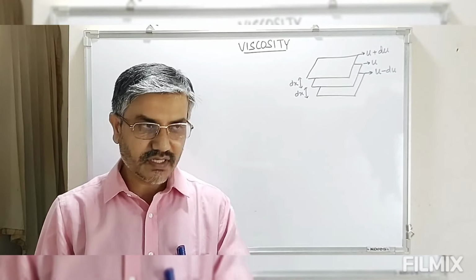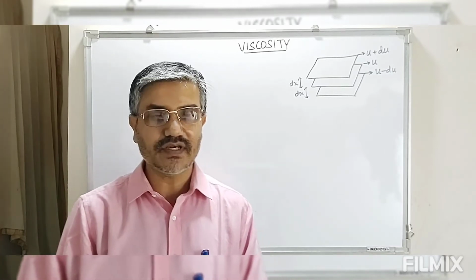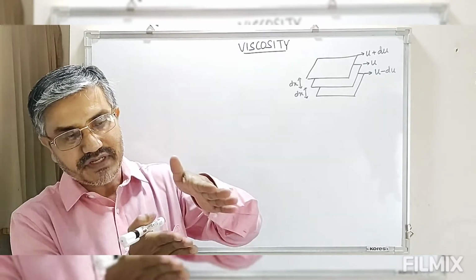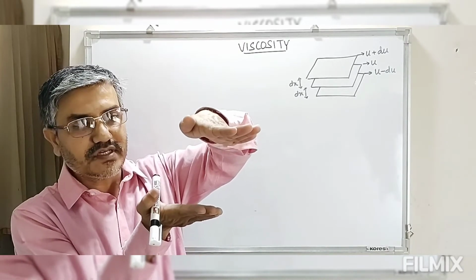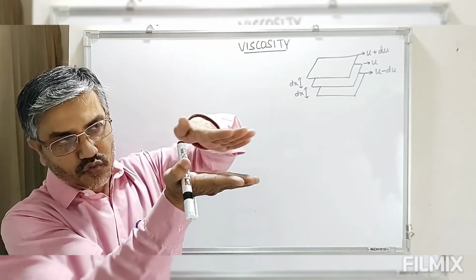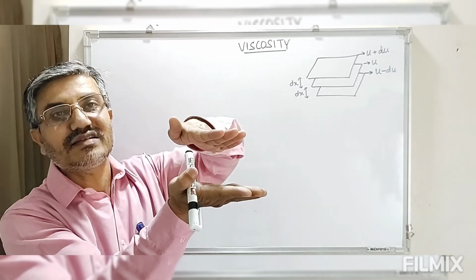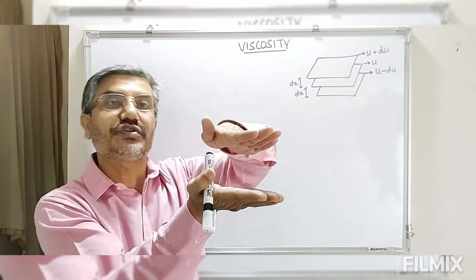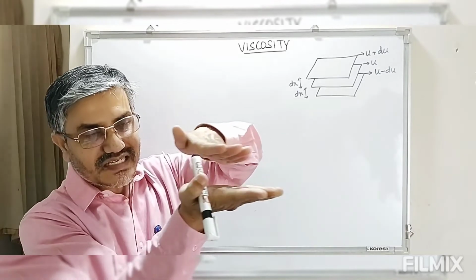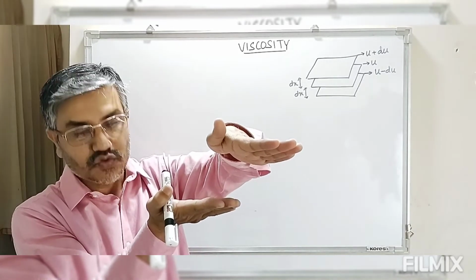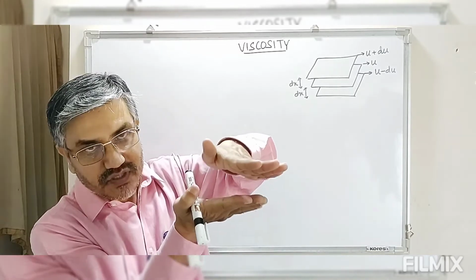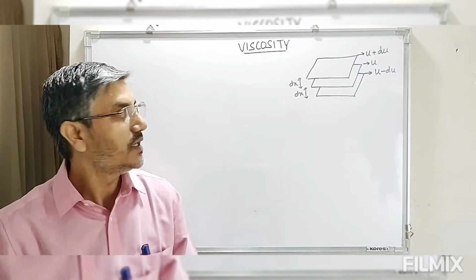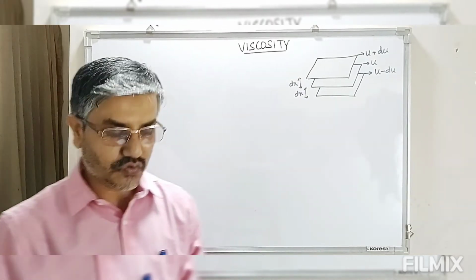Whenever we assume the flow of liquid, we assume that liquids are flowing in laminar flow, layer by layer. When the liquids are flowing in layers, between two layers there must be some internal resistance, which is known as friction. This internal resistance to flow, or the frictional force that exists between two adjacent layers, is what we call viscosity.